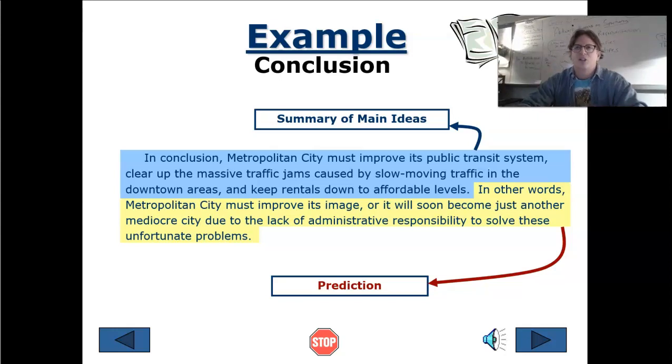It's like the introduction ends with the thesis, and your conclusion begins with the thesis, just rewritten, not word for word. And then have an ending point. In other words, metropolitan city must improve its image, or it will soon become just another mediocre city due to the lack of administrative responsibility to solve these unfortunate problems. Just like the prediction or the outcome.